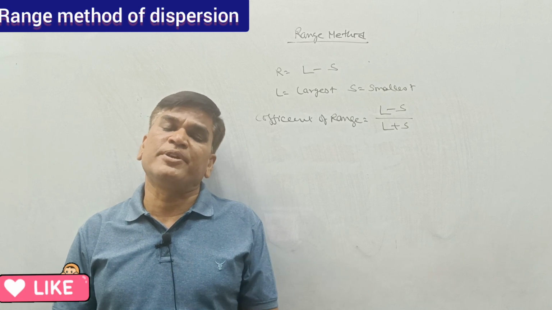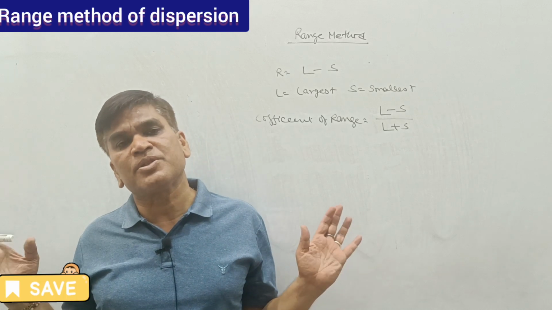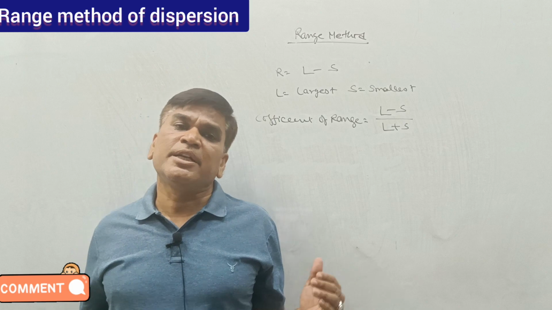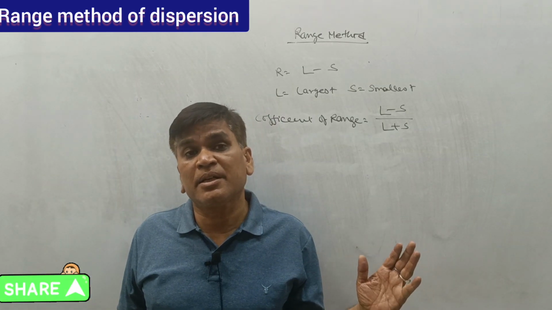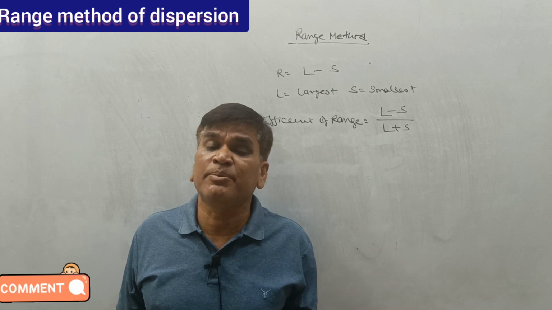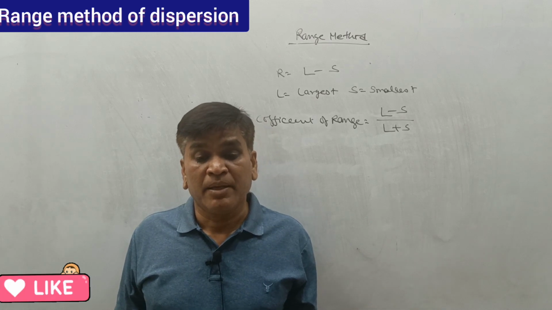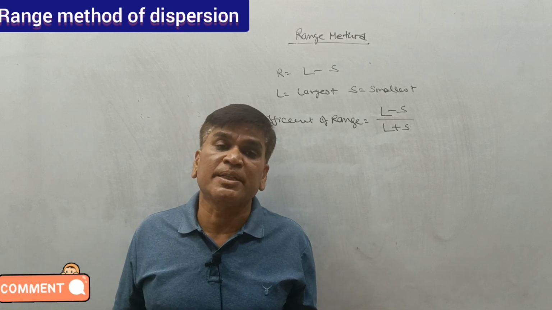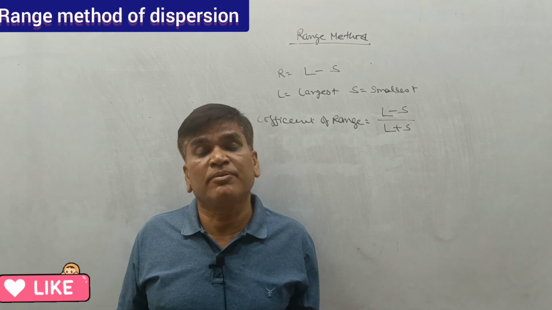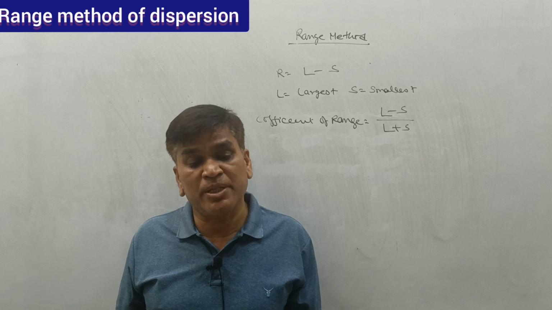It means if we change the origin, there will be no change in the range. It means if we add an equal amount to all items, then the range will be unaffected.